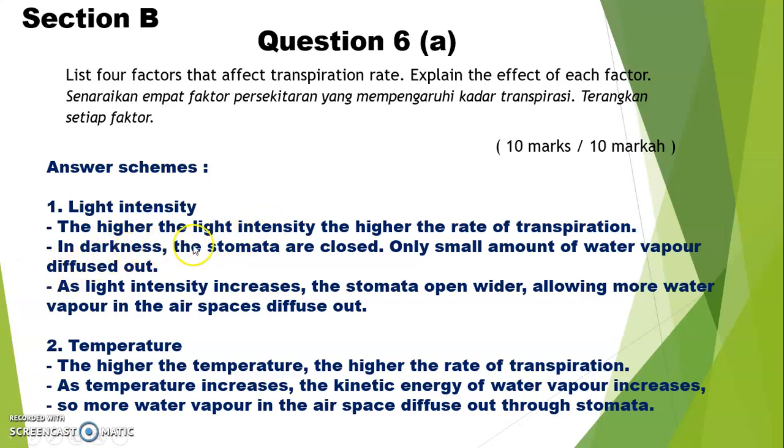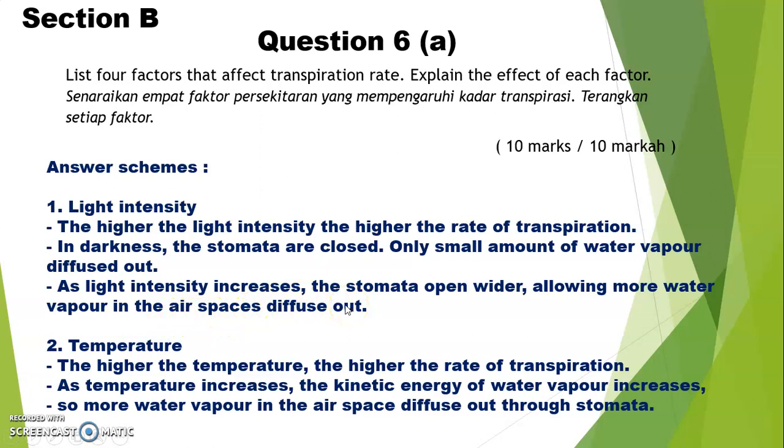In darkness, the stomata are closed, so only a small amount of water vapor diffuses out. And then the fourth mark: as light intensity increases, the stomata open wider, allowing more water vapor in the air space to diffuse out.